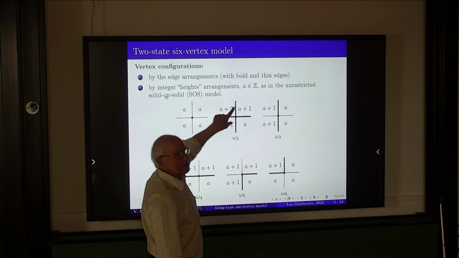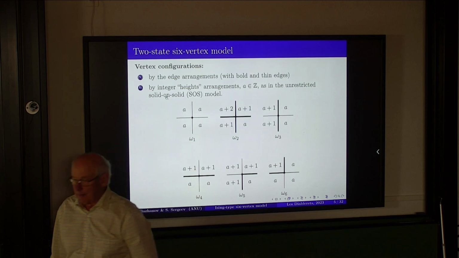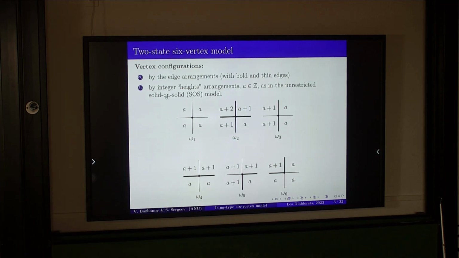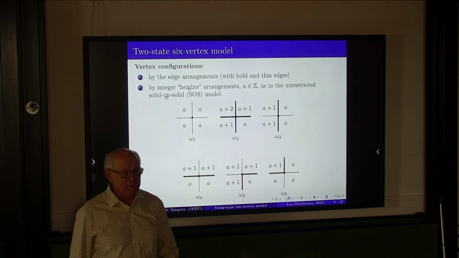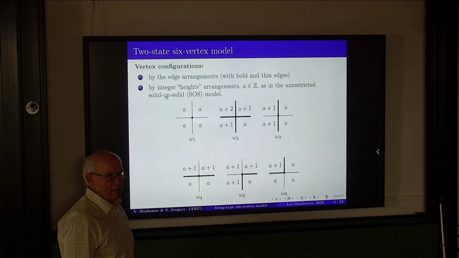So increase this way. So we have two combinatorial restrictions of the 6-vertex configuration.